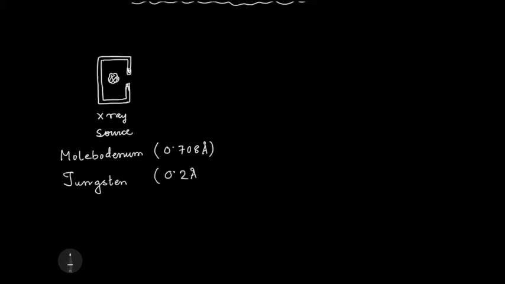This is even smaller, 0.2 angstrom wavelength of the source. Okay. So after that, you have a scatterer. The scattering is by the electrons in this. So this scatterer was what you call graphite.